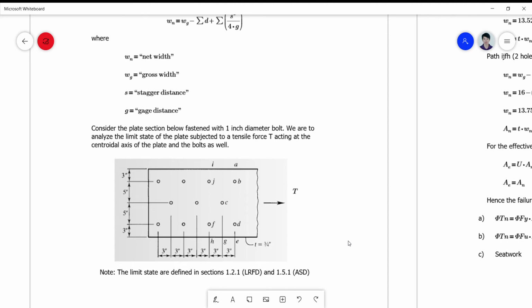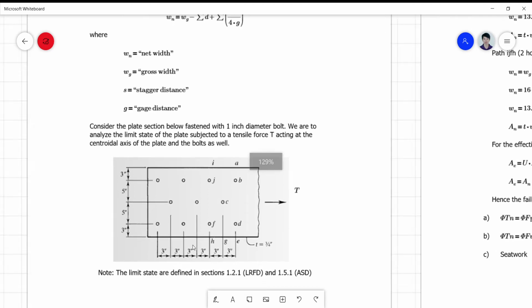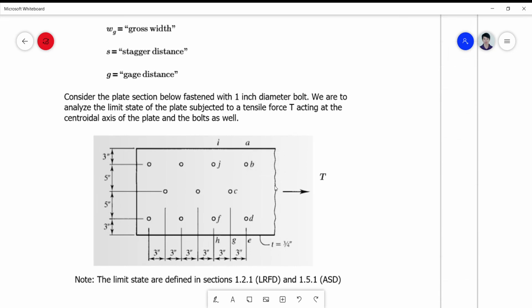To illustrate how the determination of the strength based on LRFD and the ASD method is done, we consider here a connection which is made by staggered bolted connectors, and a partial figure of the member is illustrated here.